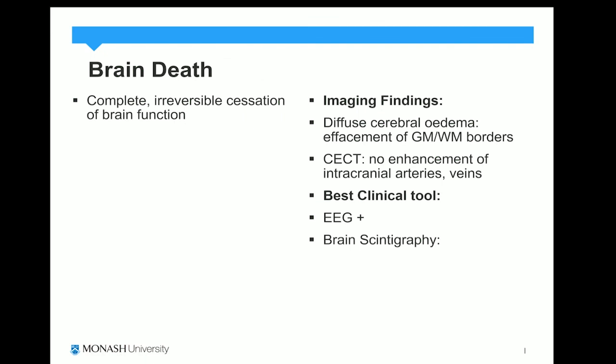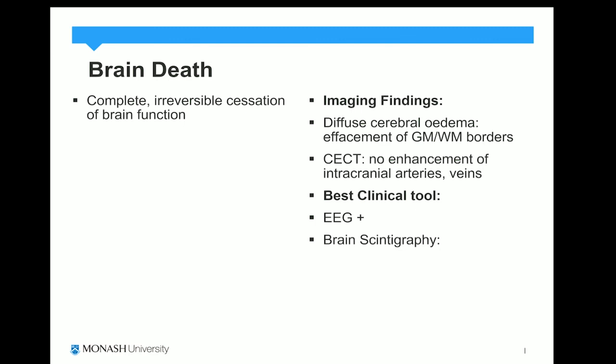So brain death means there's irreversible cessation of the brain function. Normally, for brain death to be diagnosed, they need about 2 tests. So they would do an EEG and maybe a nuclear medicine scan to see if there's any brain activity.